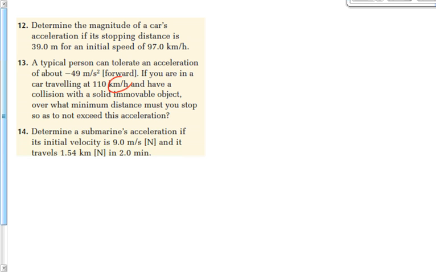Kilometers per hour, another one we got to convert. Seems like it happens with every question. And 13a is neg 49 meters per second squared. Something is 110 kilometers per hour, which we're going to turn around and convert to meters per second in just a moment here. What is 110 kilometers per hour? What is that one?